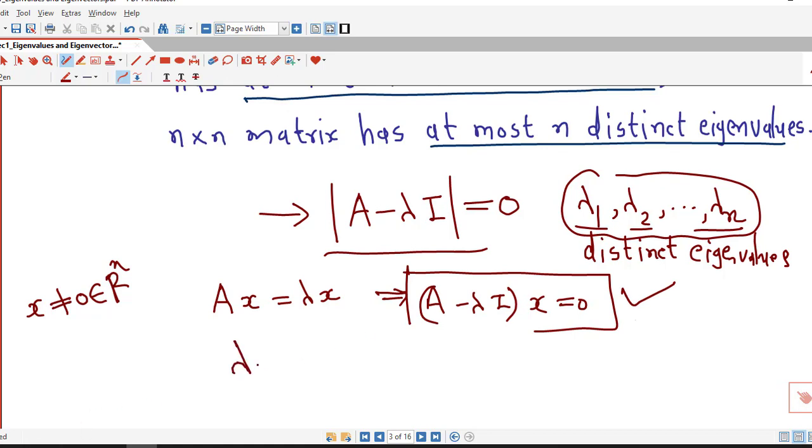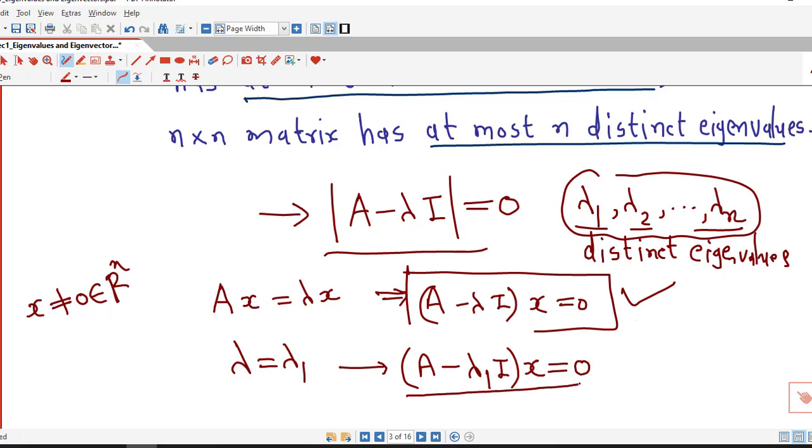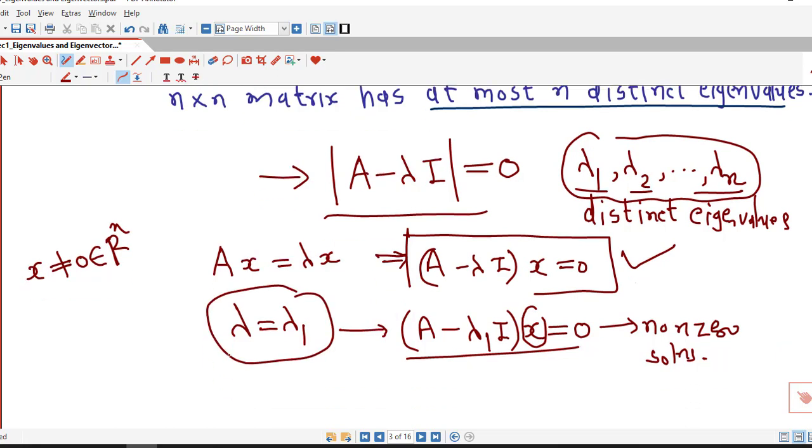For example, first we take lambda equal to lambda 1 and corresponding to lambda 1 we will find the eigenvectors by solving this homogeneous linear system, which always has non-trivial or infinite number of non-zero solutions. So whatever eigenvector we obtain here is the eigenvector corresponding to eigenvalue lambda 1.